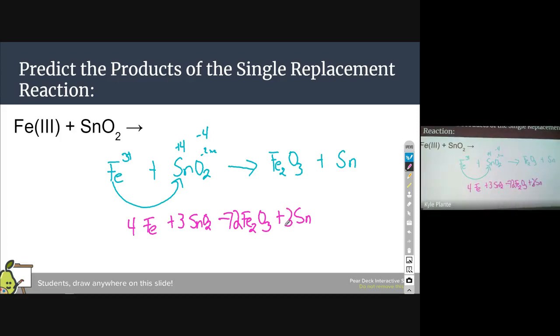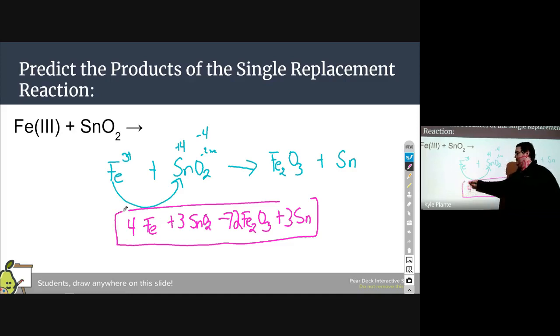So 4Fe plus 3SnO2 goes to 2Fe2O3 plus 3Sn. And that is our balanced final answer.